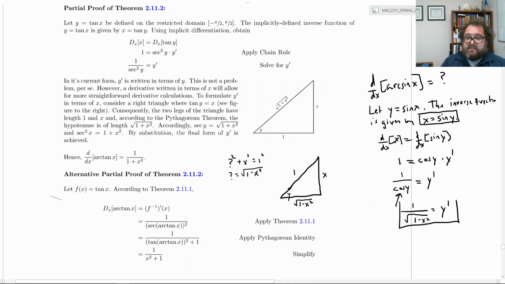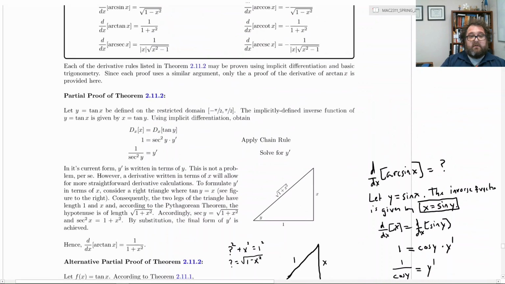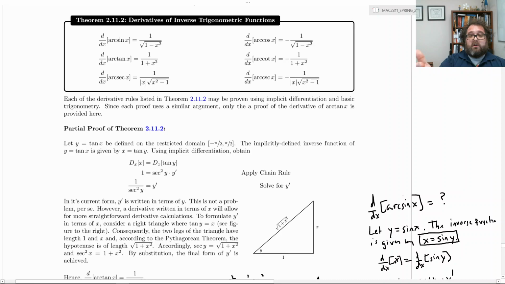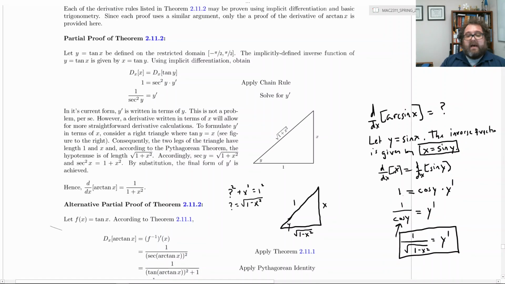And this is exactly what you have in the box for theorem 2.11.2 above. The derivative of arc sine is 1 over root 1 minus x squared, exactly what I have here in the bottom right hand of the screen.